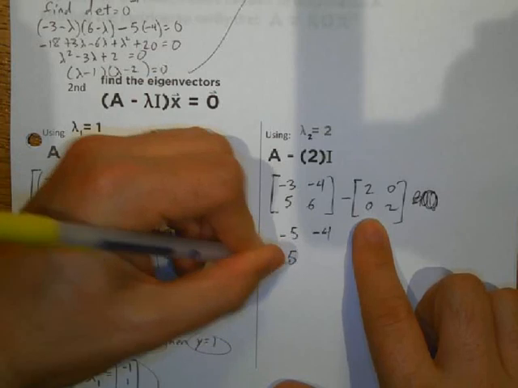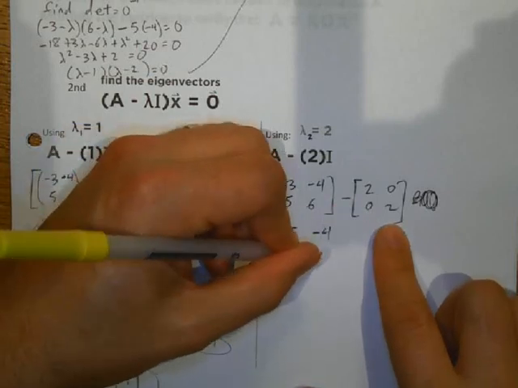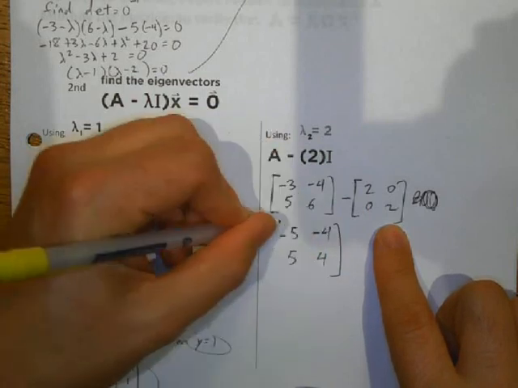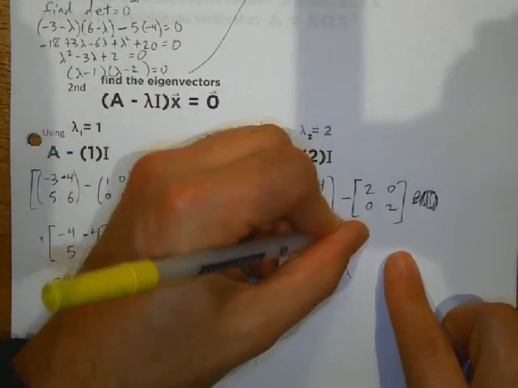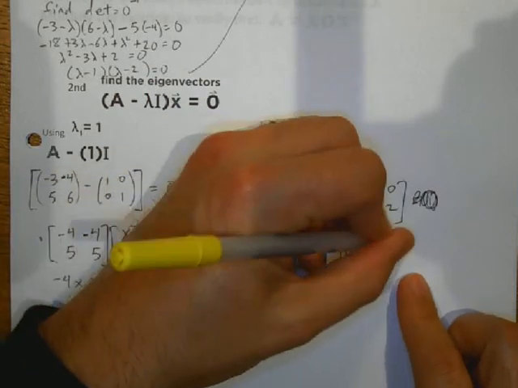And 6 minus 2 gives me 4. Okay. And so we're multiplying this by x and by y, and then that's equal to 0 and 0.